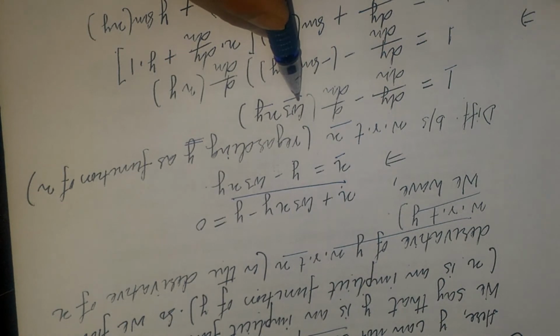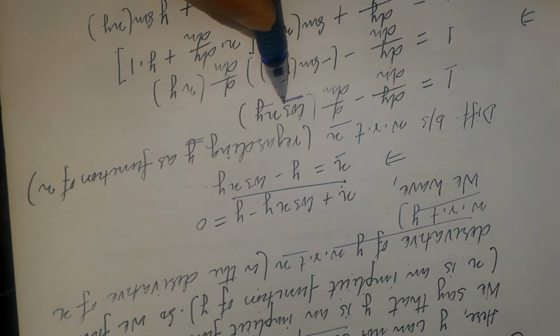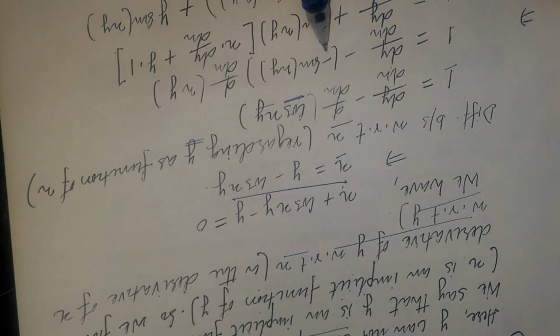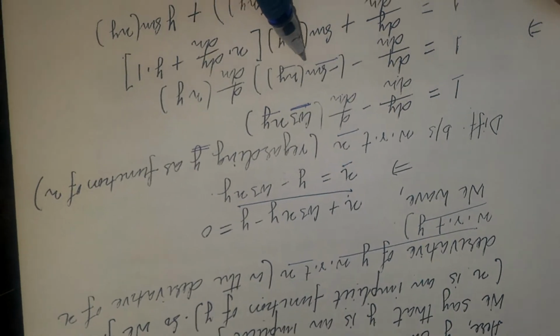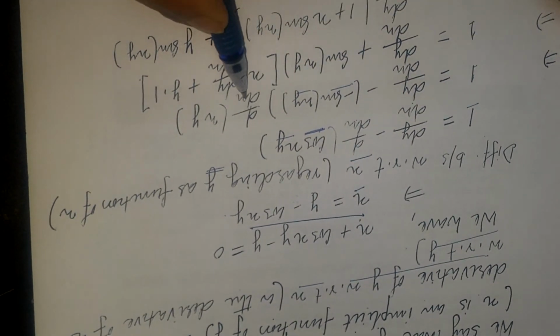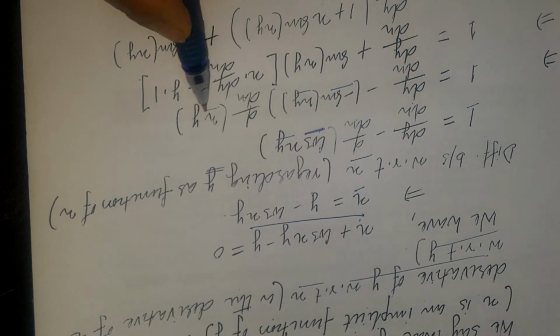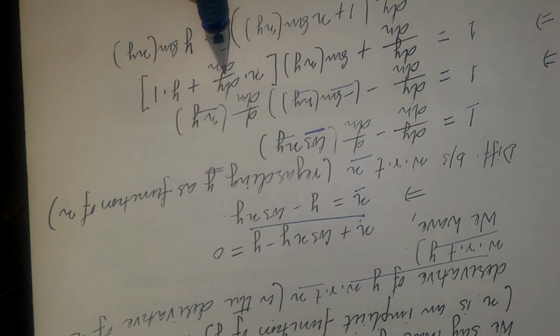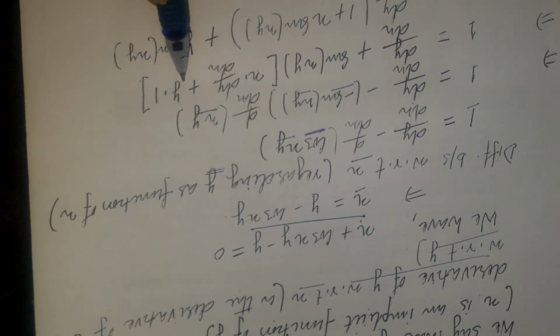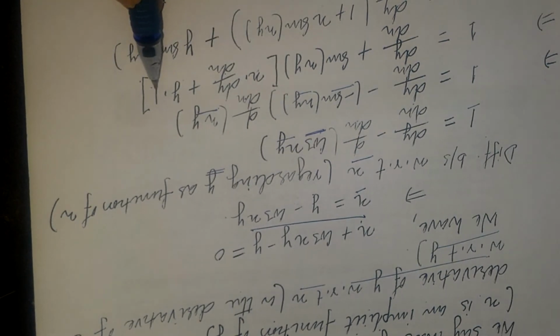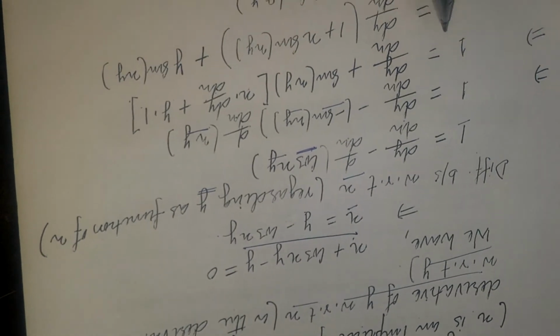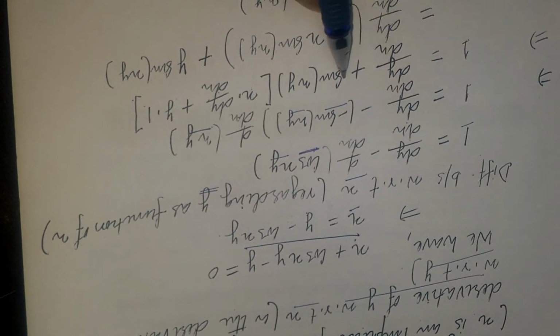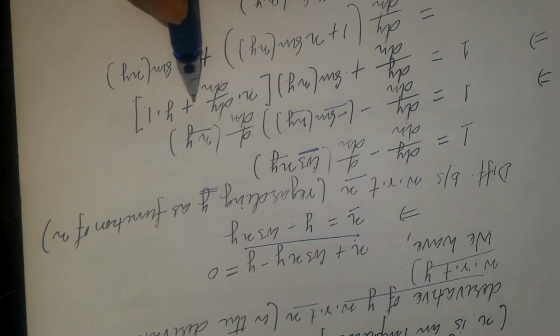So again here we'll be applying the chain rule. First, the outer function is what? Cos. So the derivative of cos is minus sin xy. And then we need to find the derivative of xy. Here we'll be applying the product rule. So first function times derivative of second with respect to x, plus second function times derivative of first. So we have got 1 minus sin xy times (x dy by dx plus y) minus dy by dx equal to 0.